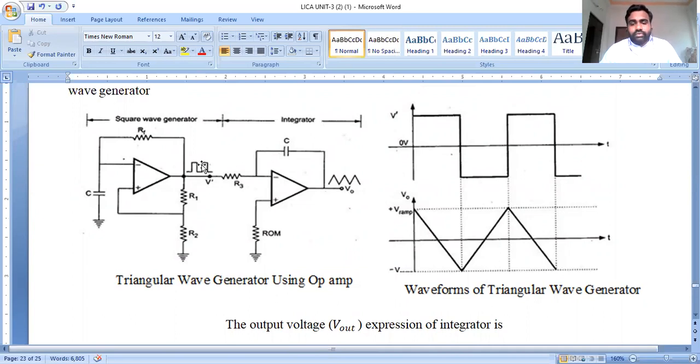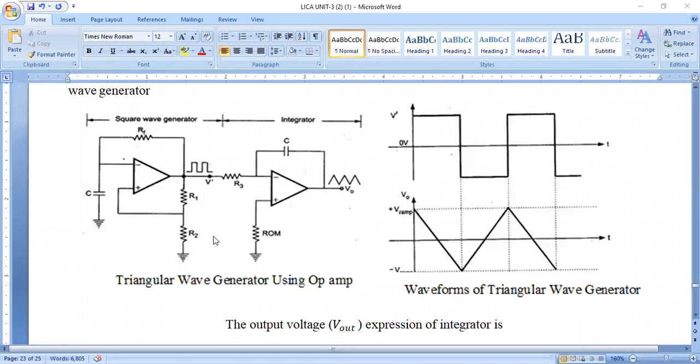If we observe the analysis of this particular circuit, the output of the integrator is a triangular wave, but the input of this integrator is a square wave. That means a triangular wave generator can be formed simply by connecting an integrator to a square wave generator.